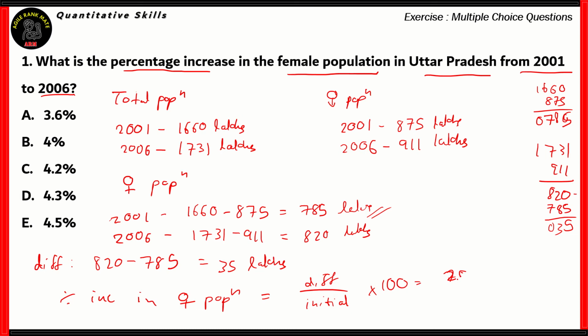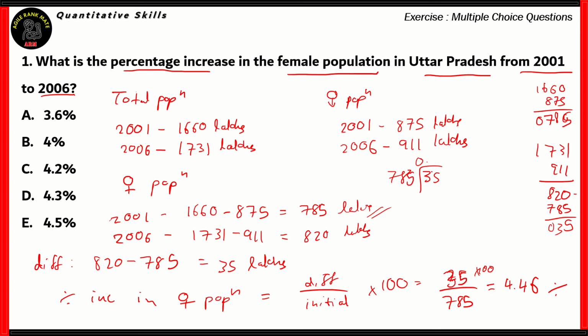So you get 35 over 785. So when you do that, you get approximately 4.46%. You can just do that here. So we have to divide 35 with 785.